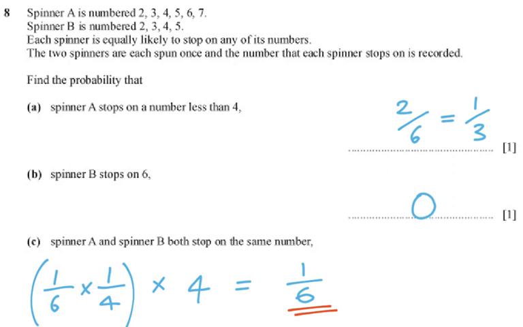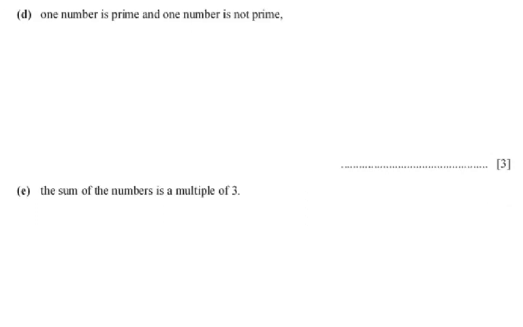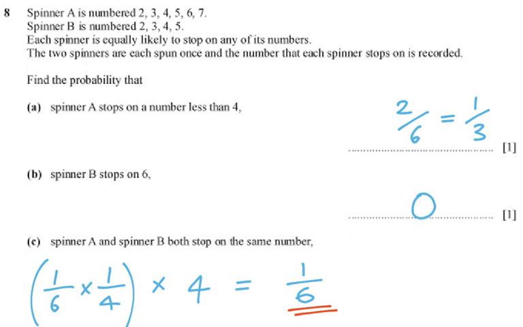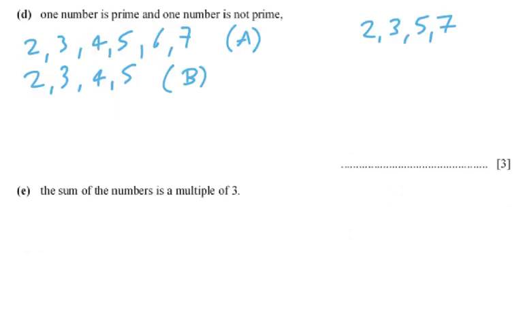Then next one. So now we're looking at one number being prime and the other one not being prime. So the prime numbers then are going to be 2, 3, 5 and 7. One's listed. I'm probably going to copy the stuff across from before onto this page, which is what I've done there.